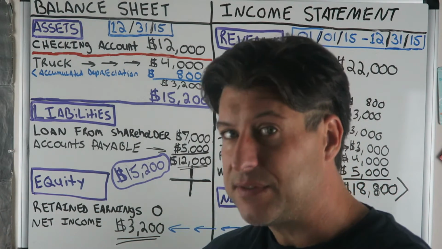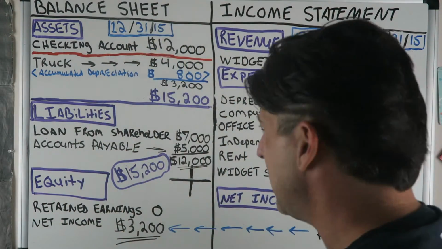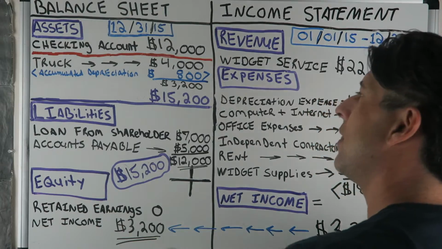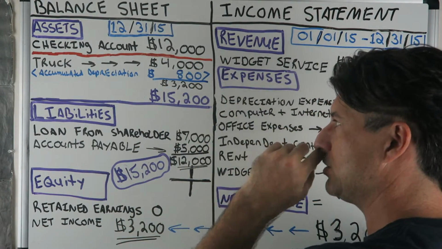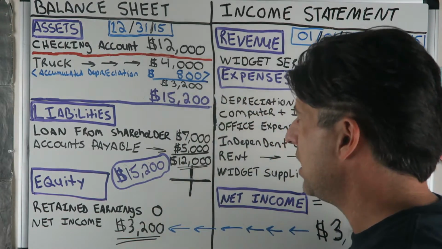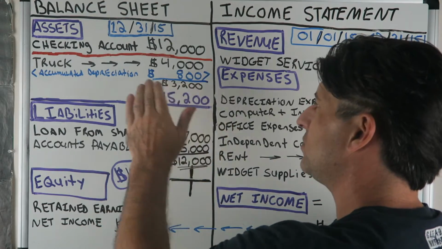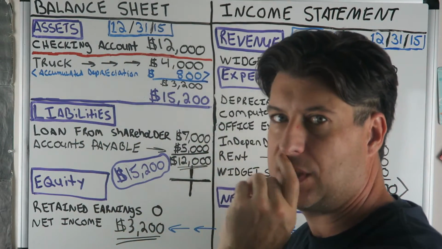I mean, you don't depreciate everything, you depreciate fixed assets, okay? You would notice, looking at the balance sheet, okay, they bought this truck for $4,000, it's been depreciated for $800, it's worth $3,200 on the balance sheet.